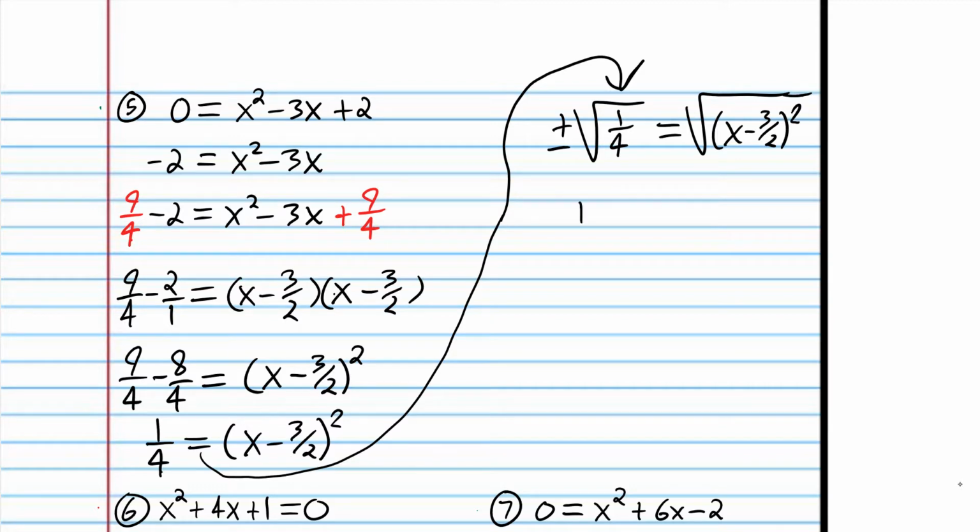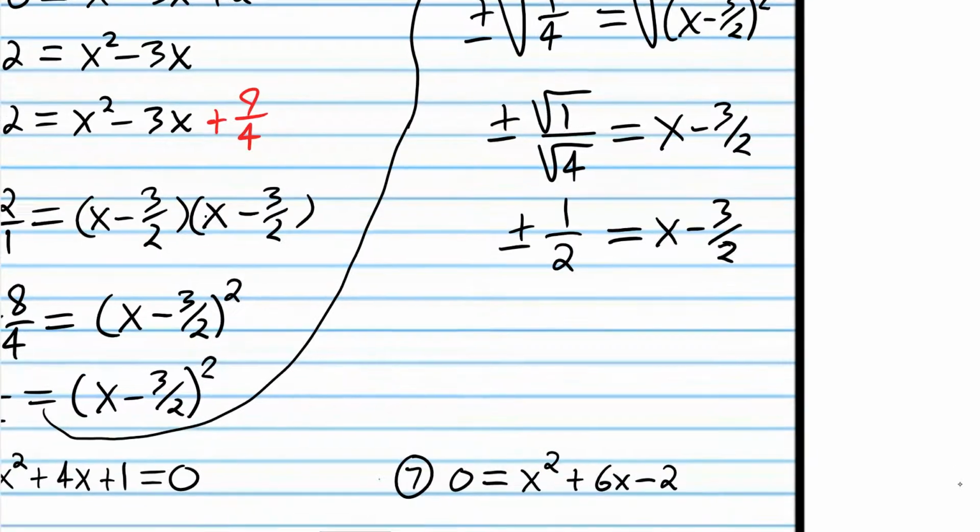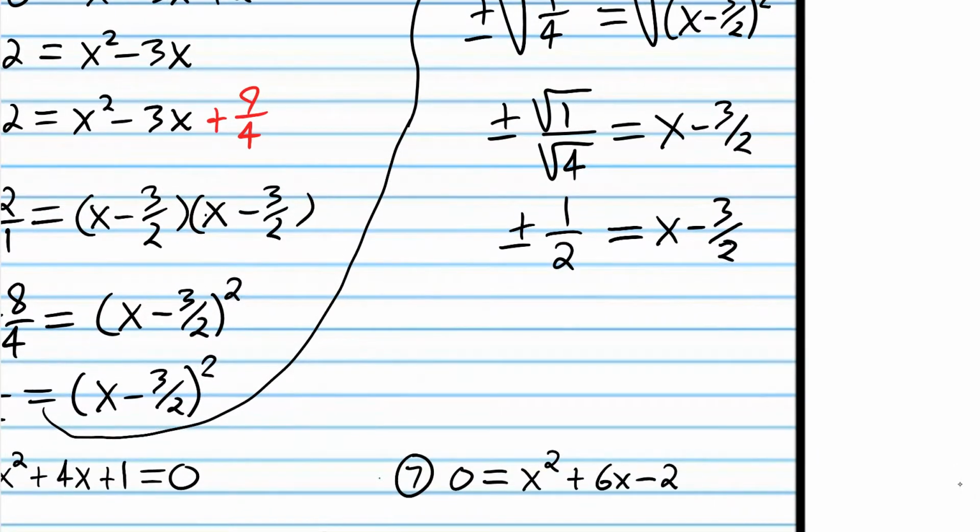And we get plus or minus square root 1 over square root 4, which equals x minus 3/2. And square root of 1 is 1. Square root of 4 is 2. And then we're going to add 3/2 to both sides, and we get 3/2 plus or minus 1/2.